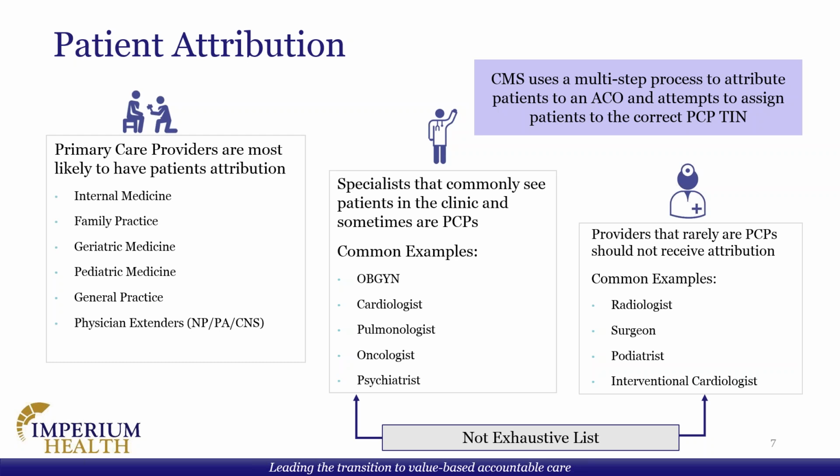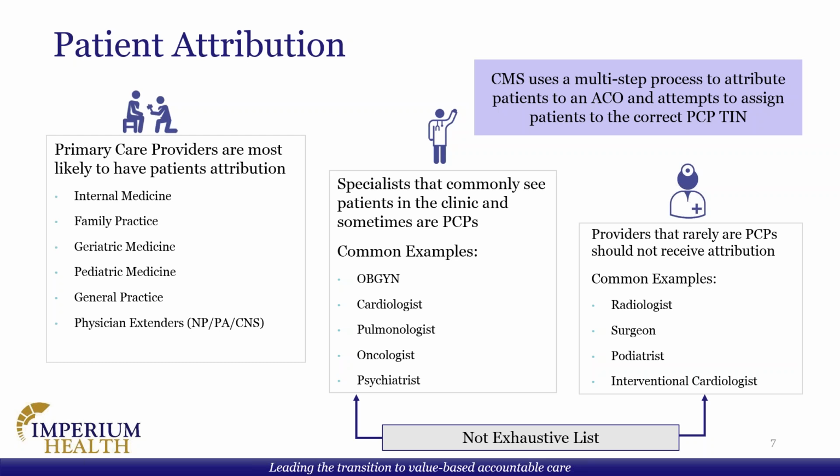Now, a patient really shouldn't be attributed to this next grouping, this kind of interventional or point of care focused provider like a radiologist, surgeon, interventional cardiologist, or a provider that focuses on a very specific part of the body like a podiatrist. Patient typically is not going to be attributed to one of those providers. Sometimes they may end up assigned to one of those providers on our attribution list. We will do our best to make sure that we get any of those shifted around or moved to the correct provider.